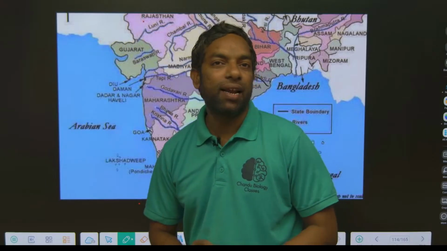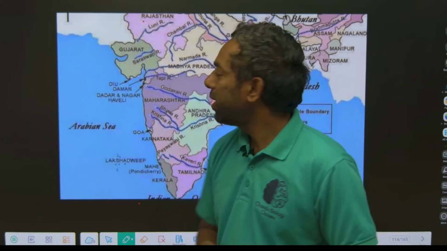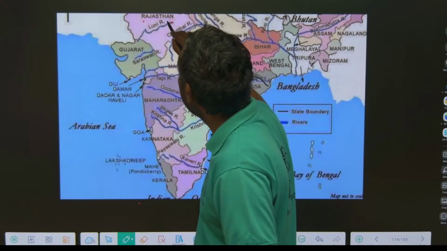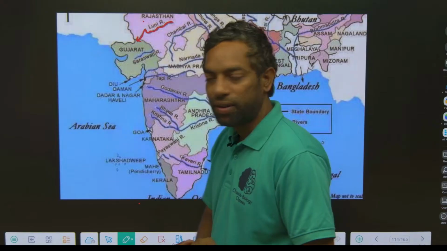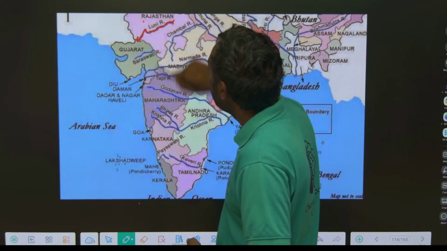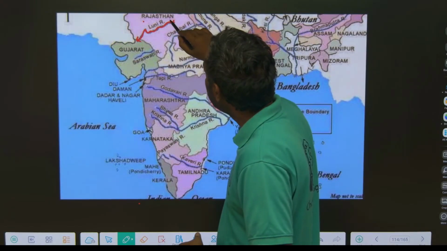They can ask you the question: even in the desert area there are certain rivers, and such a river, the Luni river, is most important here. The Luni river in Rajasthan originates in the east and flows to the west side.